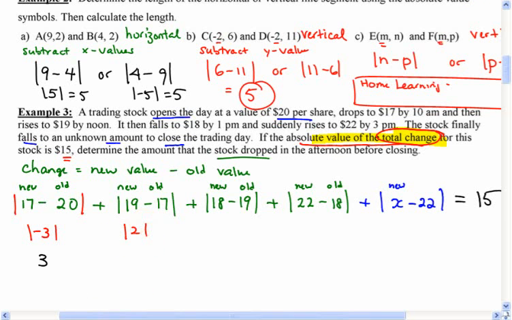The absolute value of 2 is just 2. Let's keep doing all these things. 18 minus 19, that's -1. 22 minus 18 is 4. Now this one in blue, I'm just going to leave as is for now. This is the scary part. But I hope we can simplify all these other parts here.